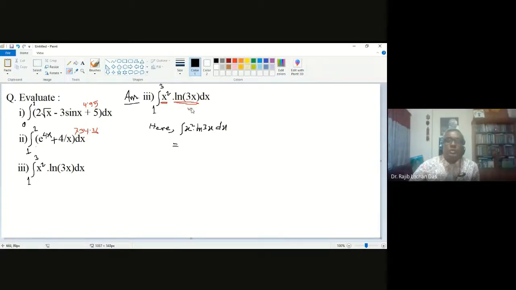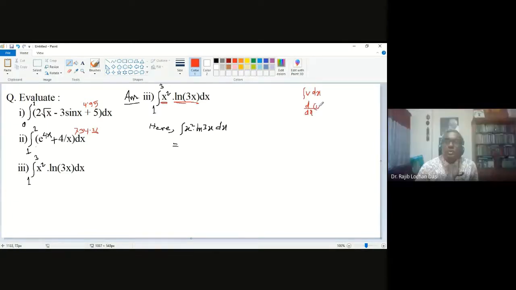Because if you think ln 3x is v, then it will be inside integration. That is, the v goes to the integration area, right? v dx, and u goes to the differentiation area. You understand what I say?